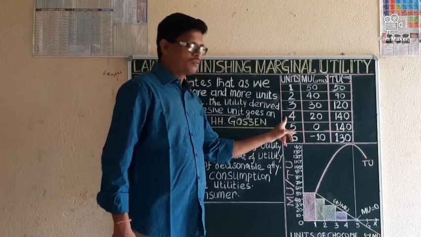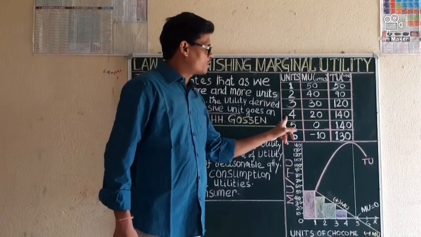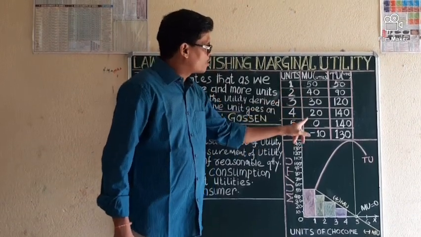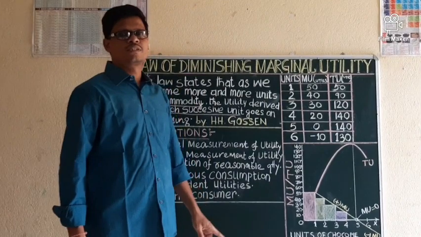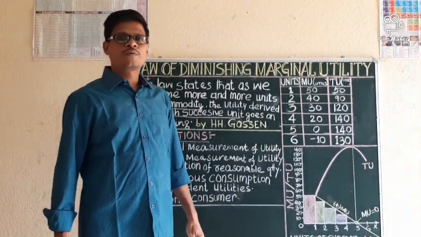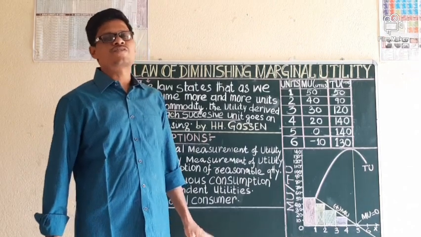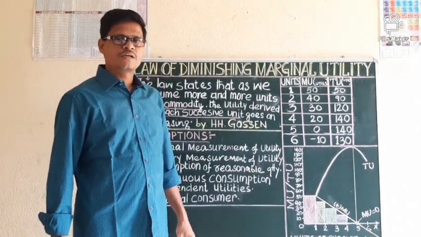And the fourth unit is giving satisfaction equal to 20 utils. So all these are called marginal utilities. As we have already learned, marginal means additional.